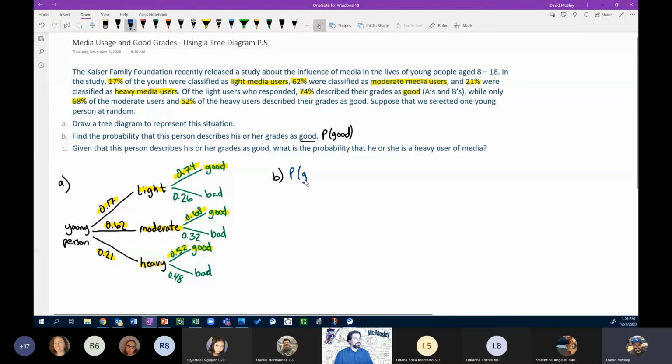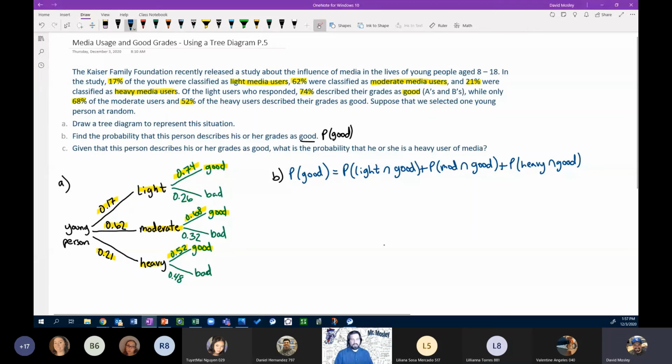So we have the probability of good equals probability of light and good, plus probability of moderate and good, plus probability of heavy and good.